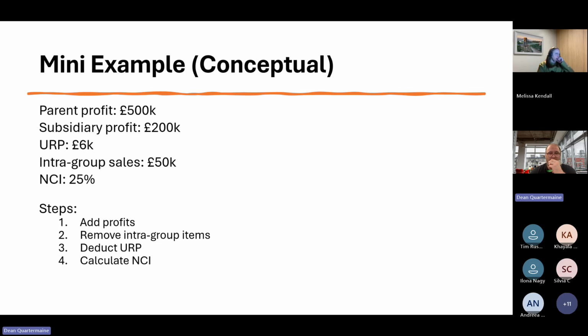What do we do? Well, we literally take 500,000, add the 200,000. So we've got 700 grand, haven't we? So that's going to equal 700k. So that's step one, add profits.